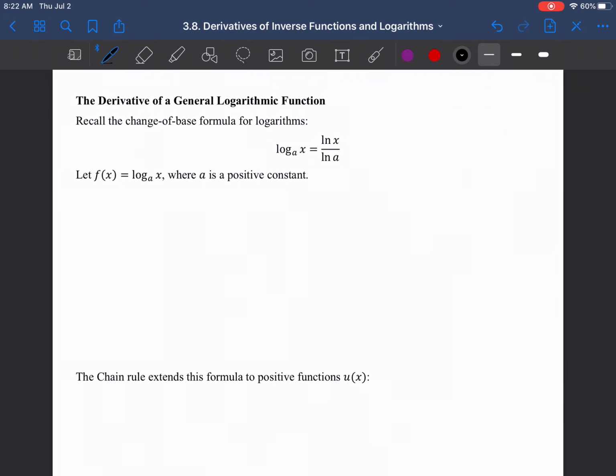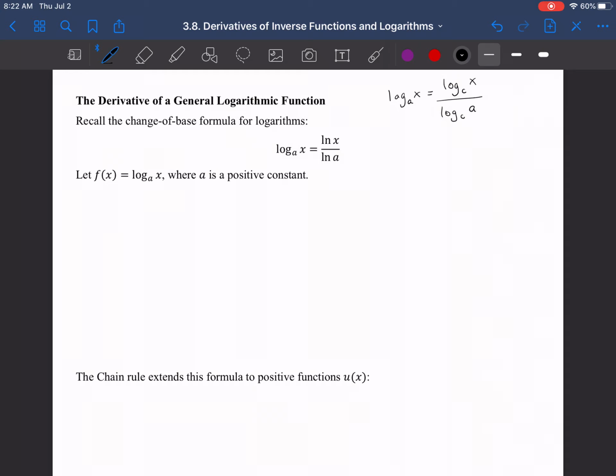So let's look here, the derivative of a general logarithmic function. Well, remember that change of base means that we can basically replace any log with a certain base to any other log. So something like log of base a of x is equal to log of any other base that you choose, c of x, divided by log to that same base c, so you have to make sure you choose the same base for the top and bottom.